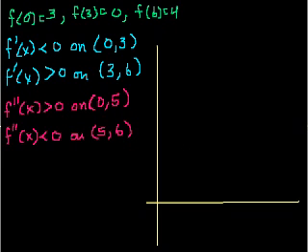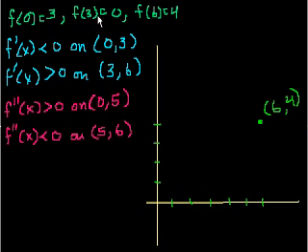So 1, 2, 3, 4, 5, 6, and 1, 2, 3, 4. That's the point 6, 4.